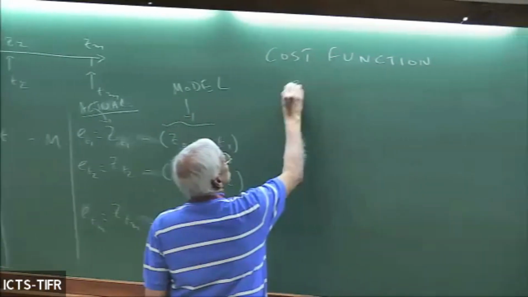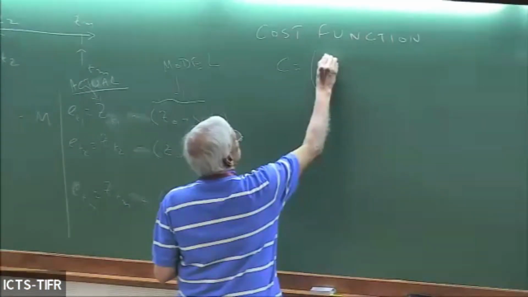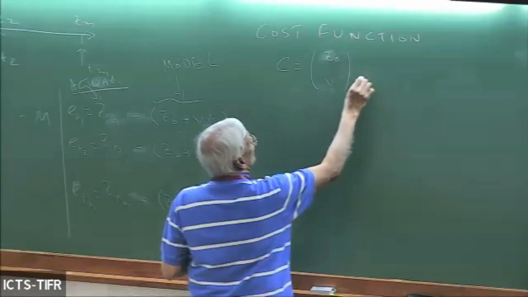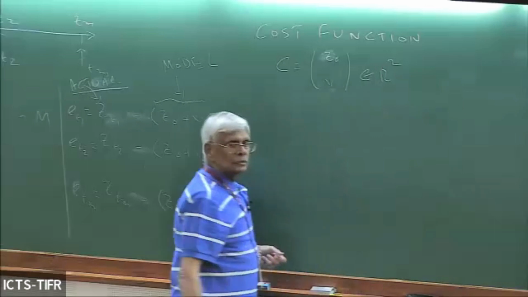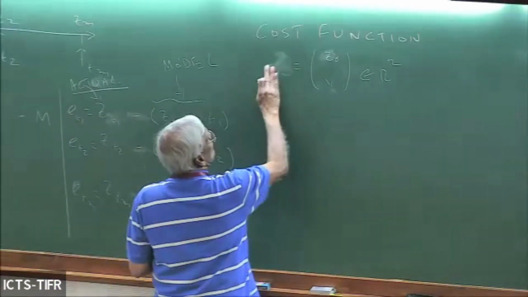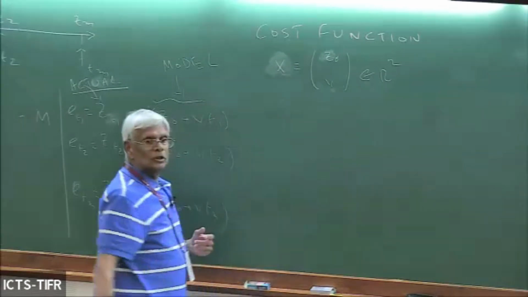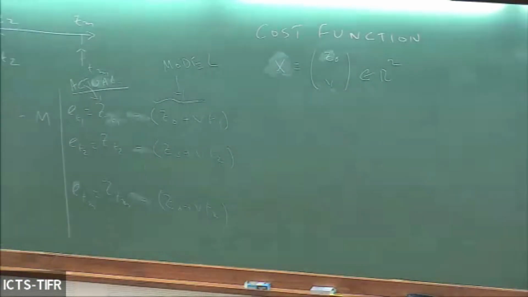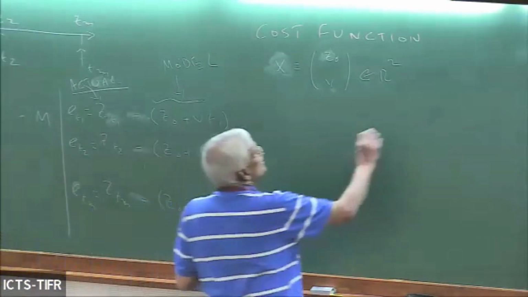Let X be the unknown vector Z0 and V, that's a two-dimensional vector belonging to R2. I'm now going to define a cost function J of X.